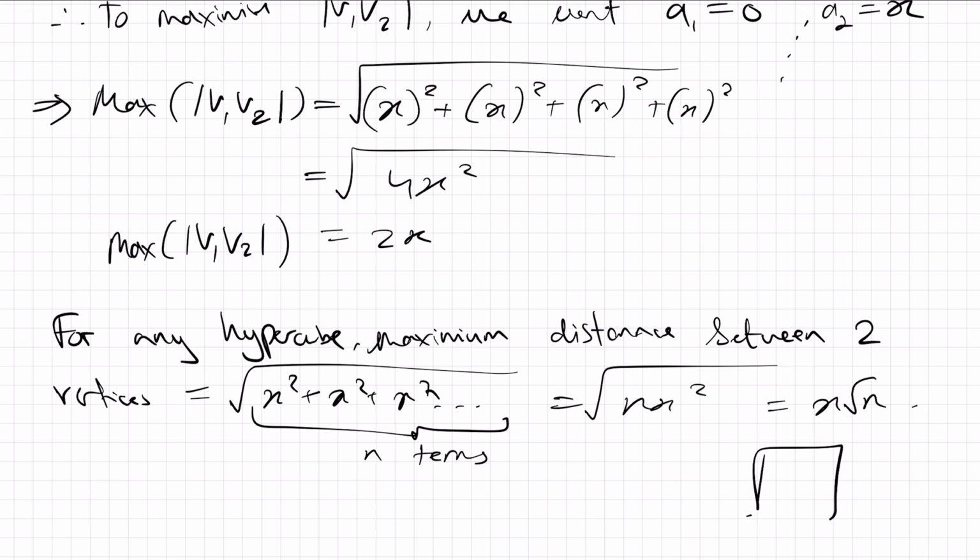So if n was 2, the maximum distance would be between these two, this diagonal, which is actually root 2 x. And yeah, there we go.